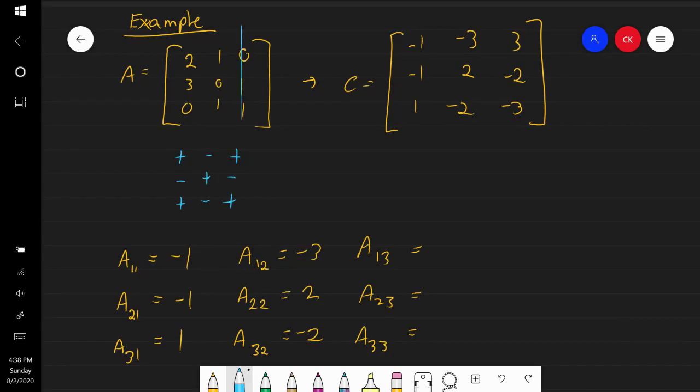And now we're working down the third column. I'll cross out the first row. The determinant here that remains is 3. I multiply that times positive 1, so it's still 3. Third column, second row, and we end up with a determinant here of 2 times negative 1, so it's negative 2.